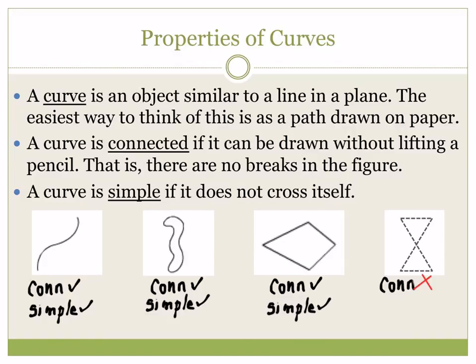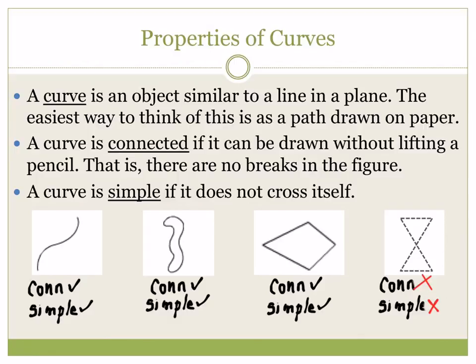How about the fourth one? No, this one is not simple. Apparently I just need a red pen because this red line tool is not working for me. All right, it is not simple.